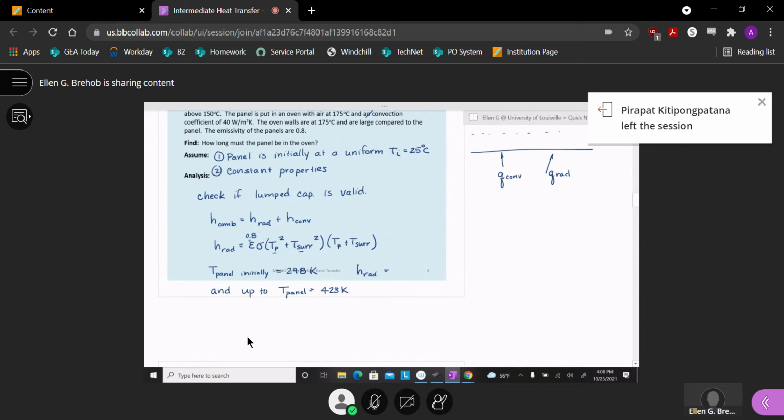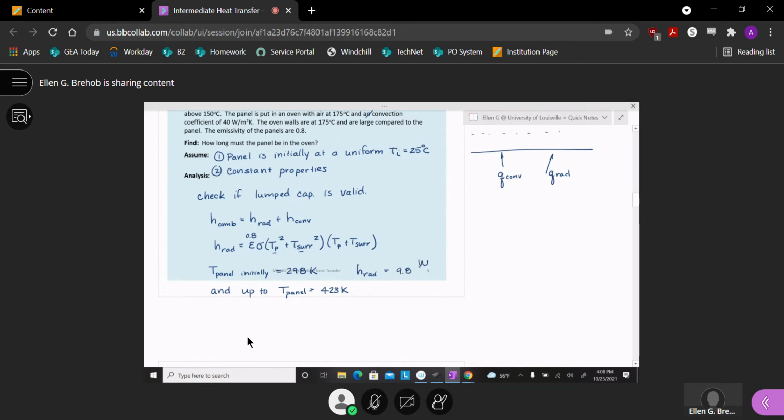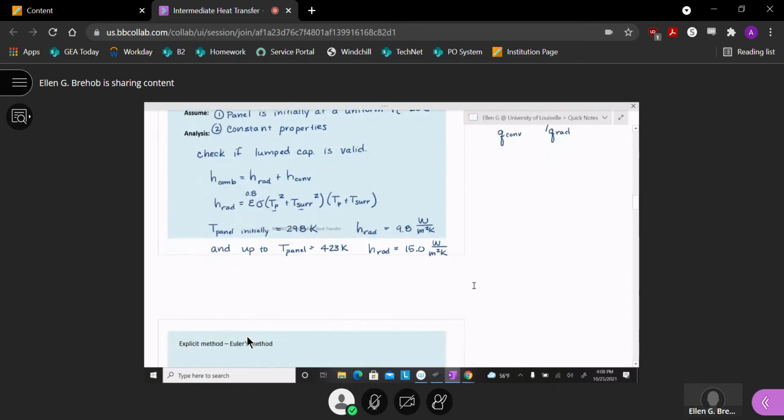That was given for the plate. Okay. In this case, when the panel temperature is hotter, so they're not wildly different, but I get 15 watts per meter squared Kelvin.